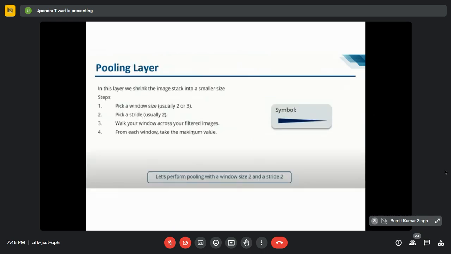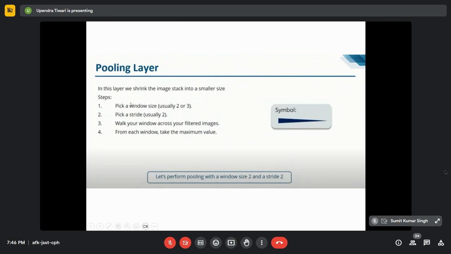Then let's come to this pooling. The purpose of using this pooling layer is to reduce the size by 50%. First of all, try to understand here.